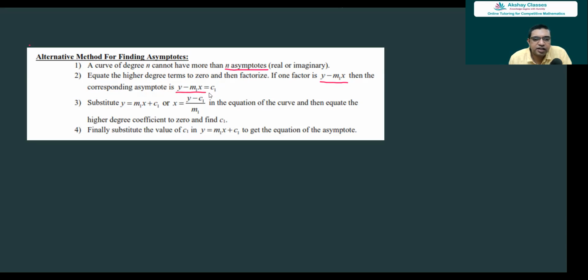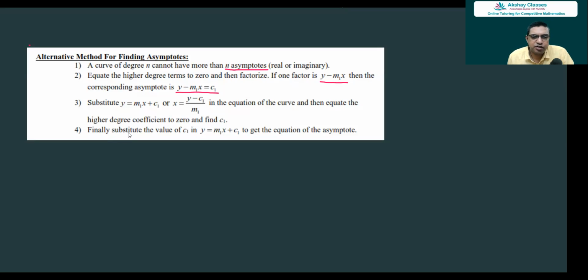So when we were doing tangents at origin, we equated the least degree terms to 0. But when we have to find asymptotes, x approaching infinity, we have to go for the highest degree terms and equate them to 0. So if we get linear factors in x and y, that factor equal to some constant will give us the asymptotic line.